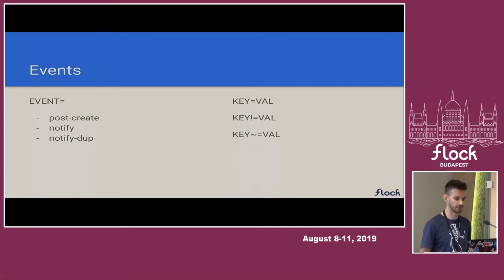But you can customize it in the ABRT config or libreport. So you can say whether you want to get crashes from non-packaged software as well, and then you can upload it to ABRT analytics or to your own detection system.